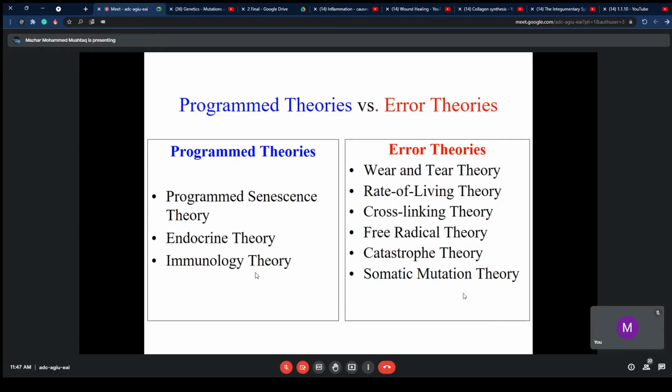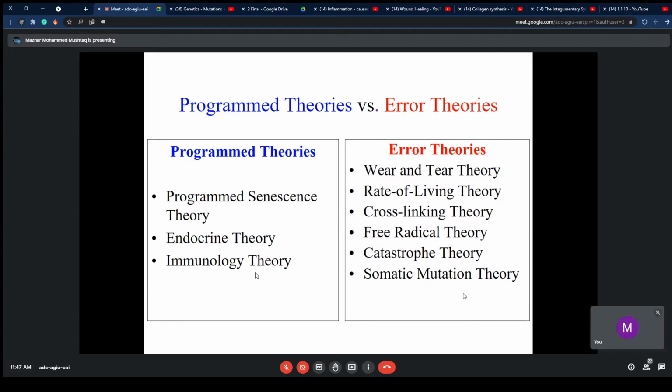So if there is an error in that theory, that means apoptosis is not happening. We call this error theory, or if the cell does not die off, that would end up in a cancer cell. We have discussed that when we discussed the hallmark of the cancer cell. So these program theories and the error theory are going to ultimately affect the aging process.